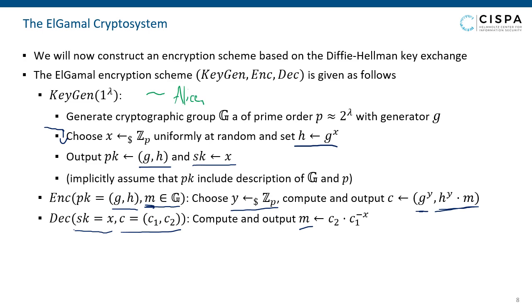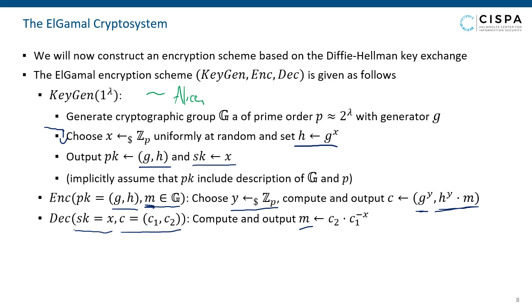Where the public key is just a message that's being sent from Alice to Bob, and the secret key, which could also include the group G, but we omit that here, is the private state of Alice, or what she keeps in her head. Now, encryption just runs the algorithm of Bob, right?